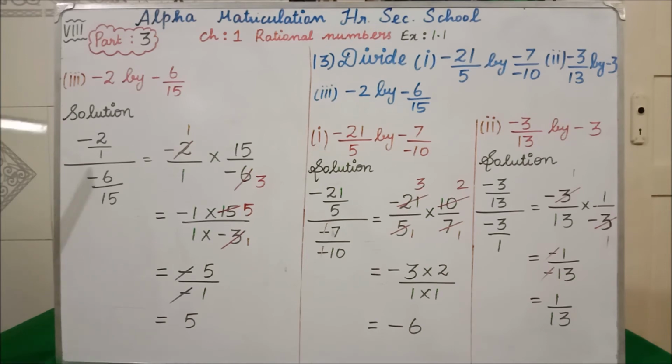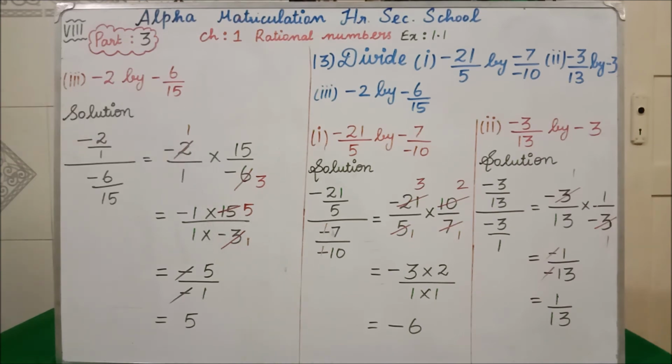So I have written minus 2 by 1 by the whole divided by minus 6 divided by 15. Clear? Now this denominator part will become into and it will become reciprocal. This 15 will go up, the 6 will come down. So 15 divided by minus 6.